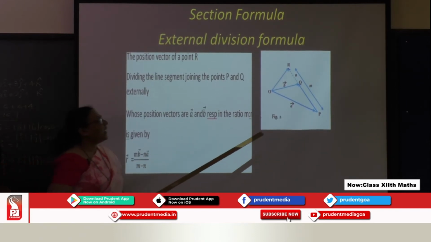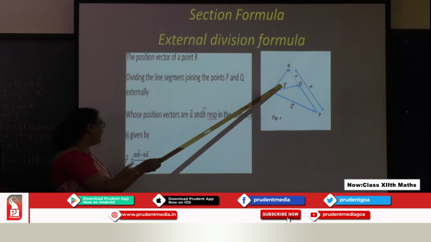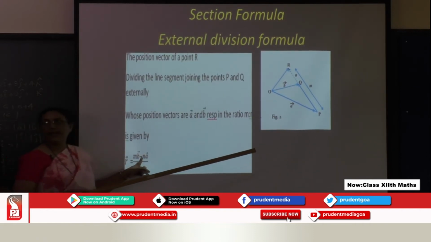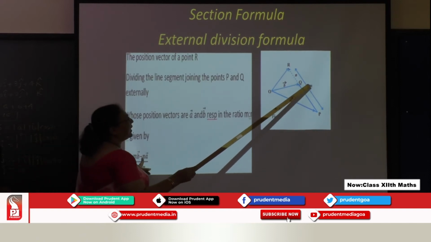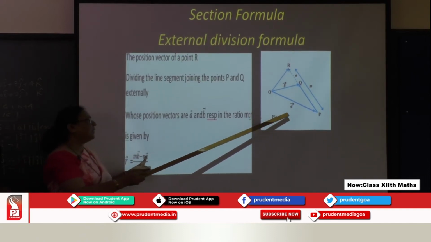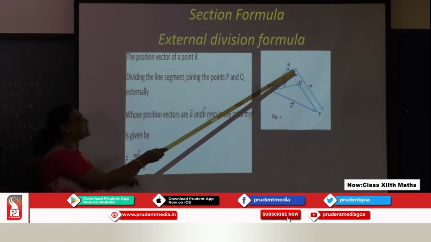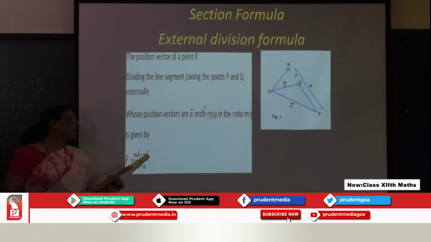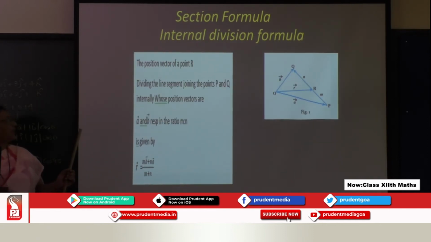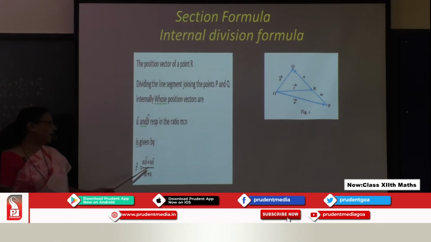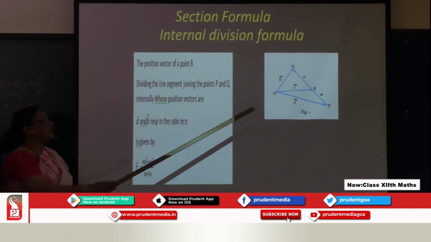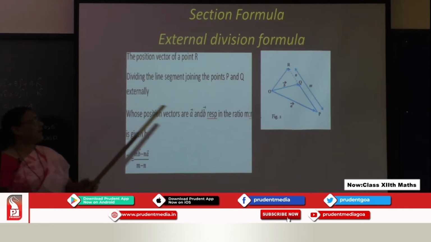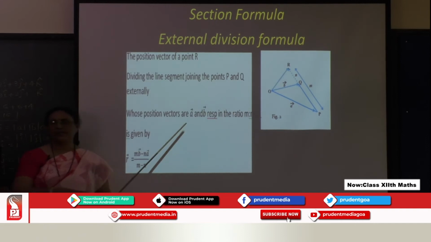So you will get m times b bar minus, because it is external, n times a bar, divided by m minus n. For the external division formula you will get a minus sign. For the internal division formula you will get a plus sign. So it is the same formula, but there R divides internally. In the next slide, R divides externally, R is outside.